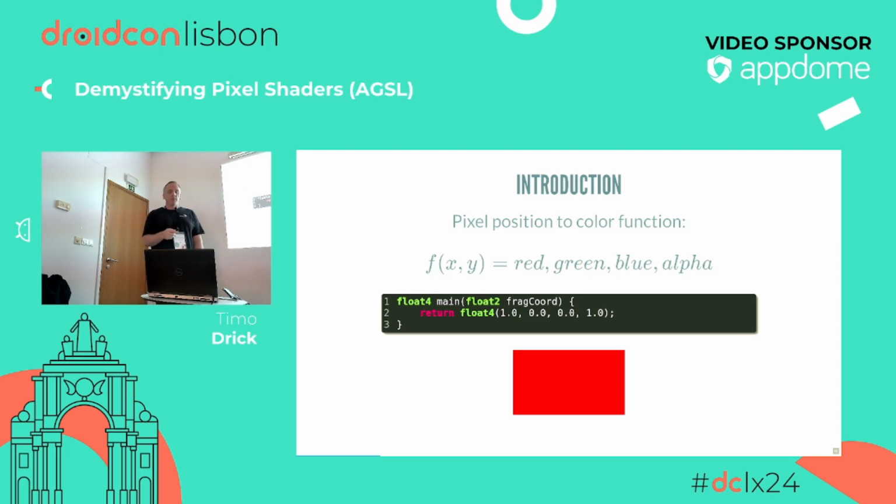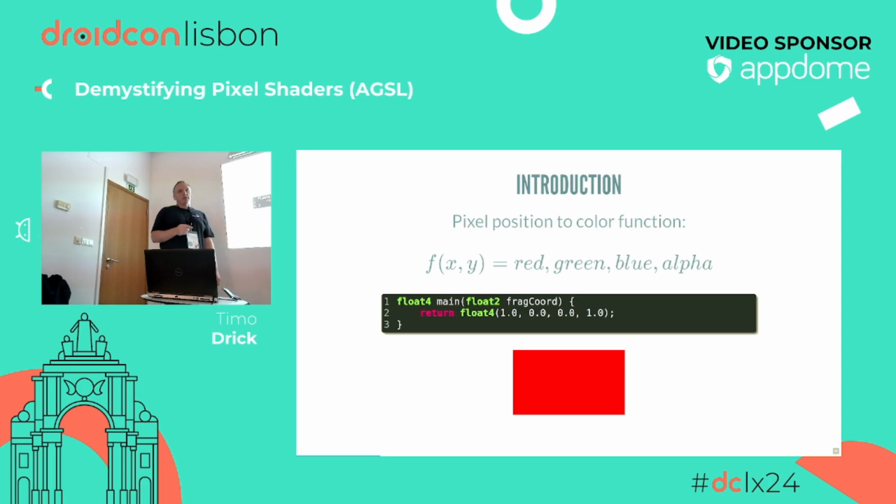And this function gets as an input the coordinates of a pixel on the screen, and it has to return the color. And that's all. So it's very simple. You just get x, y coordinates of the pixel on the screen, and you return the color. And the graphics card will then run this function in parallel for every pixel on the screen. It depends, of course, on how large your screen is.